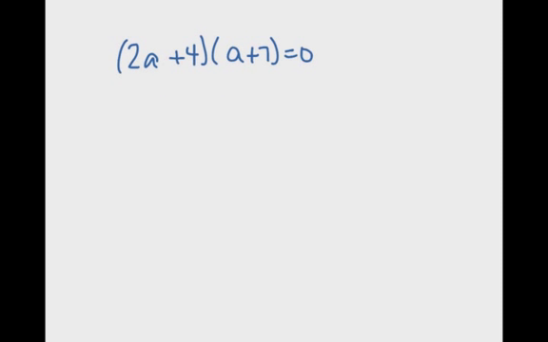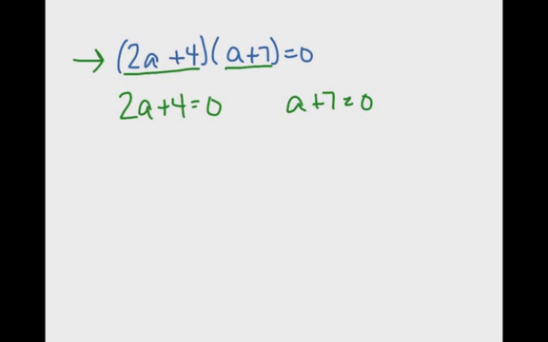Okay, let's do another example. We have 2a plus 4 in our first set of parentheses, and then a plus 7 in our second, and that equals 0. So once again, we know that either this first part has to equal 0, or the second has to equal 0. So we're going to set them both equal to 0, and then we're going to solve to find our values for a that make this equation true.